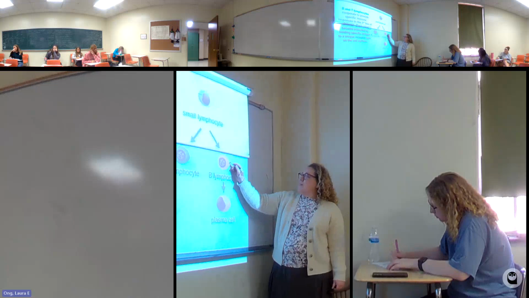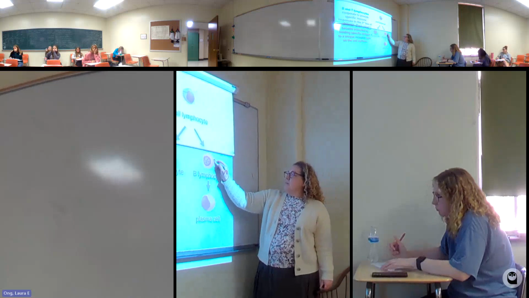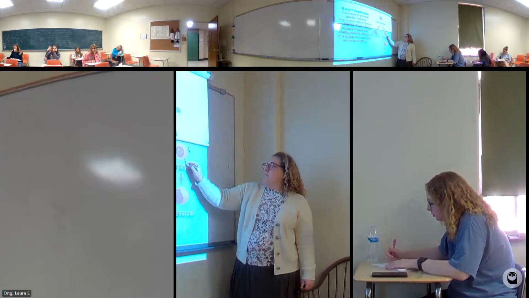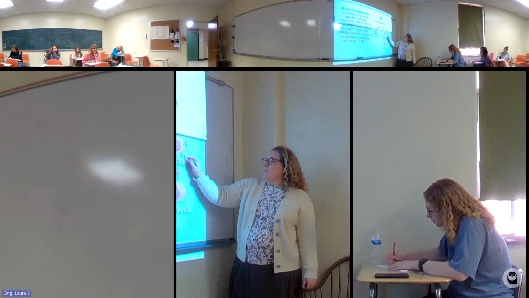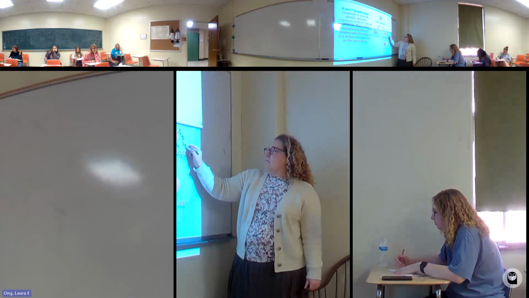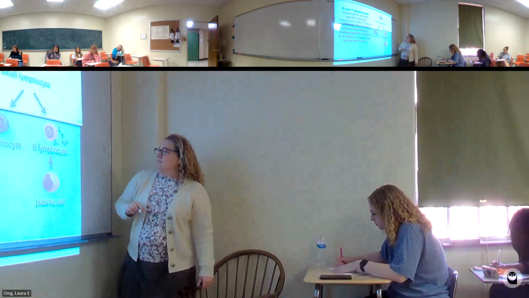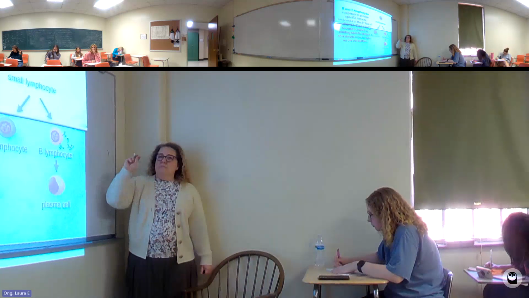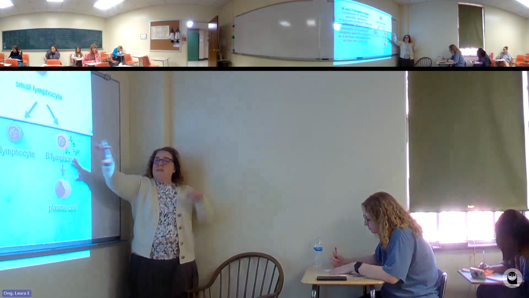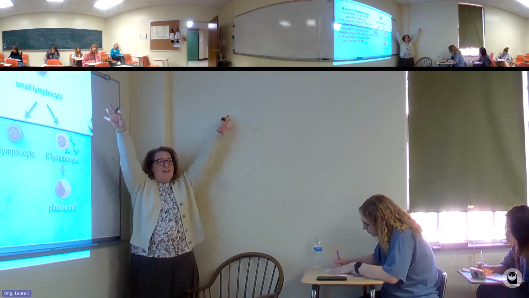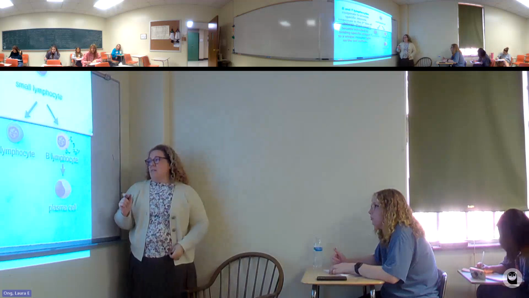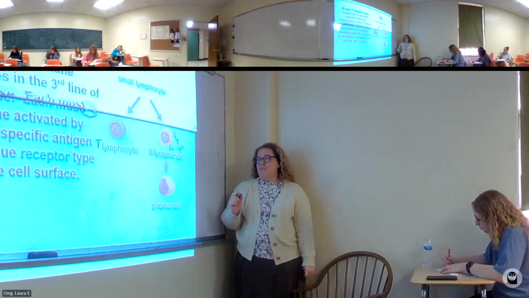The receptor on a B cell is an IgD antibody. So this cell has this antibody sticking out of its surface, and it's waiting to grab something. It's waiting to grab a specific antigen shape.